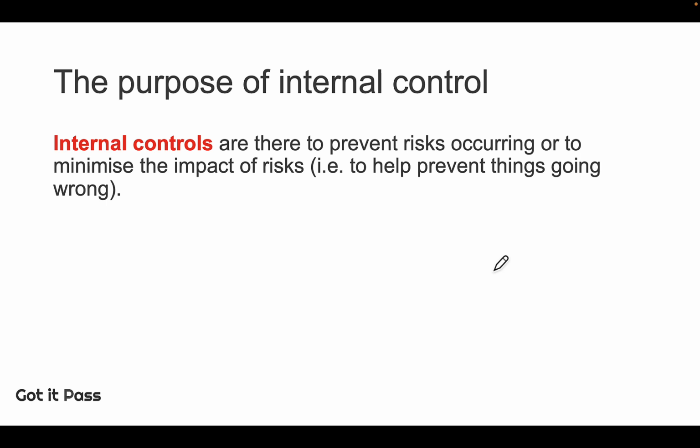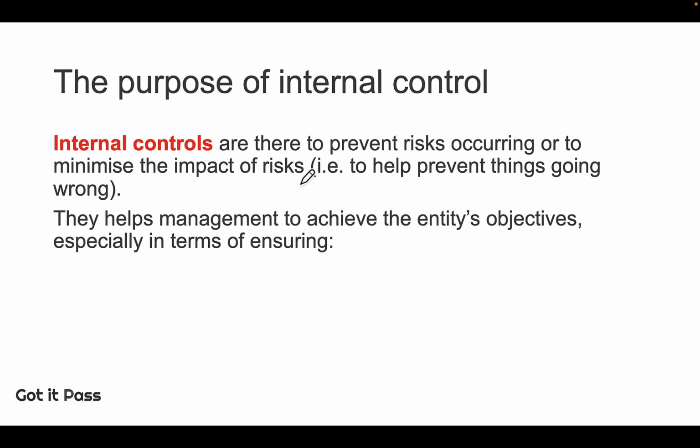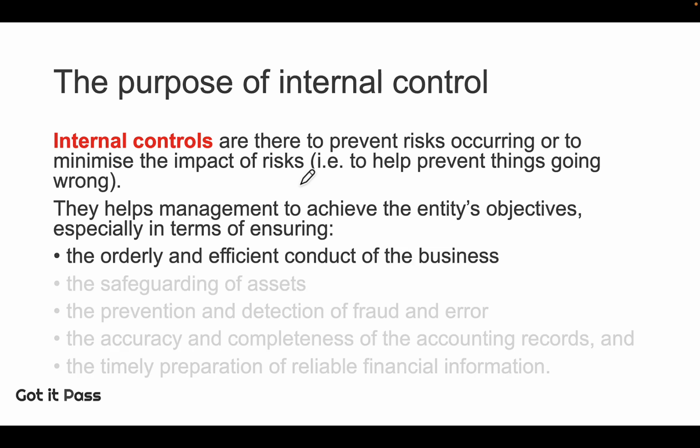Therefore, internal control is to prevent risk occurring or to minimize the impact of risk in the operations. And it helps management to achieve the entity's objectives. We summarize here 5 objectives.